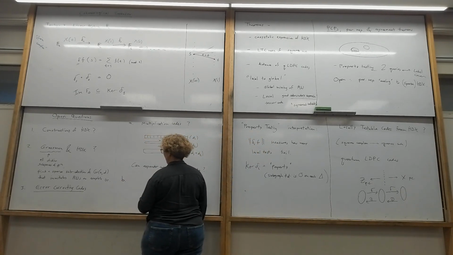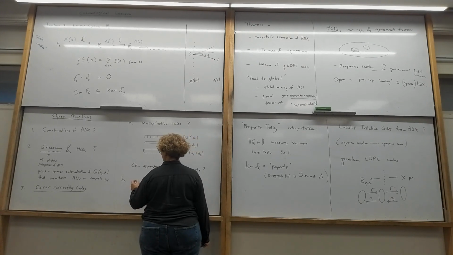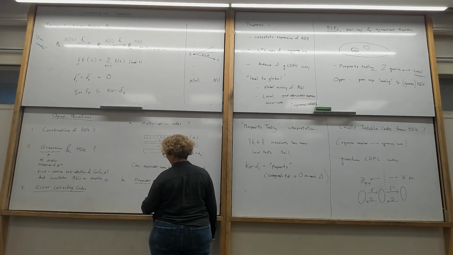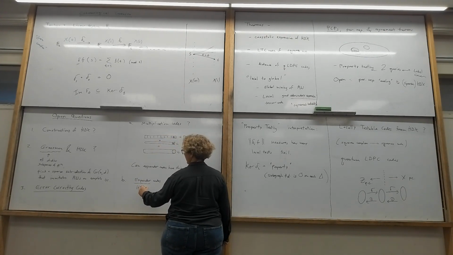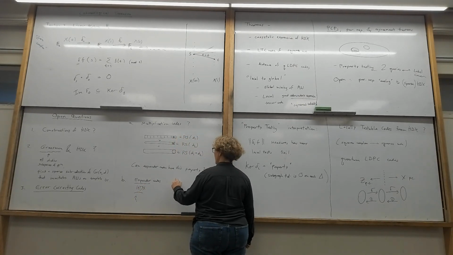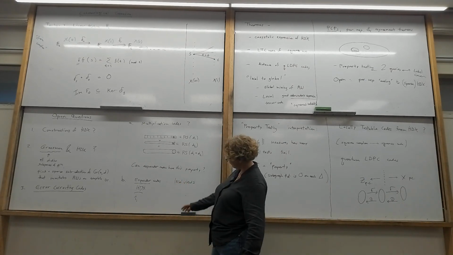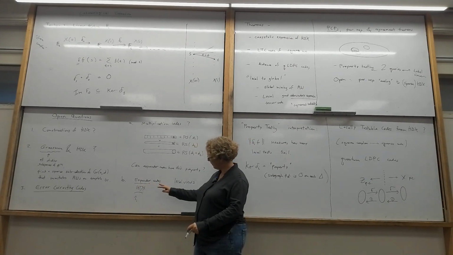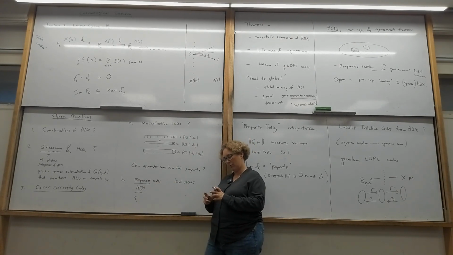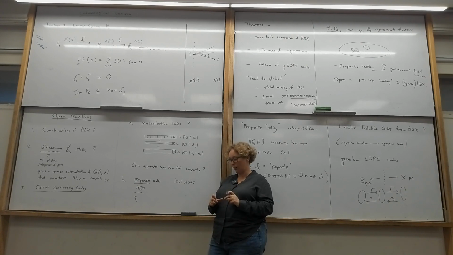And the second question is again about expander codes. And here it can be expander, or it can be HDX, or it can be something else, I don't know. But I want that the local views, so when you define a code, like an expander code, there are all these local collections of coordinates, like all the edges around the vertex. It's a small part.